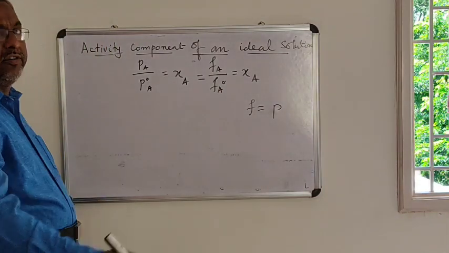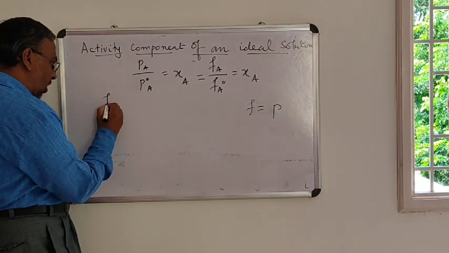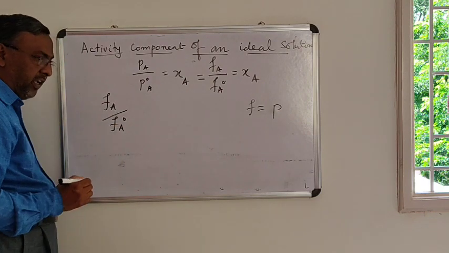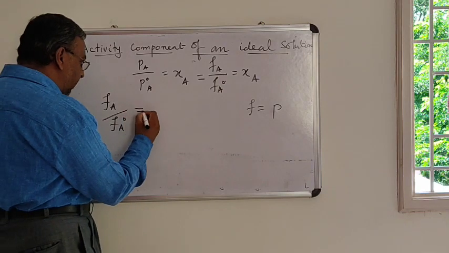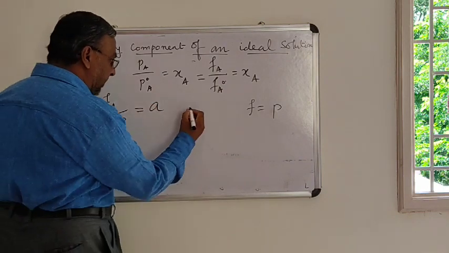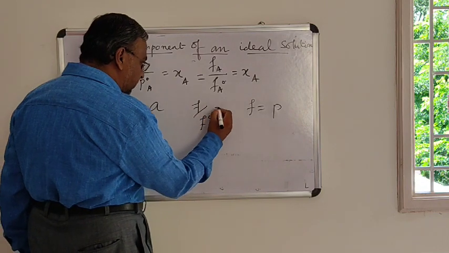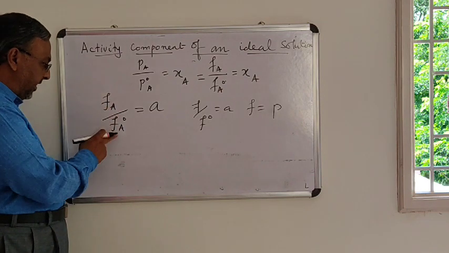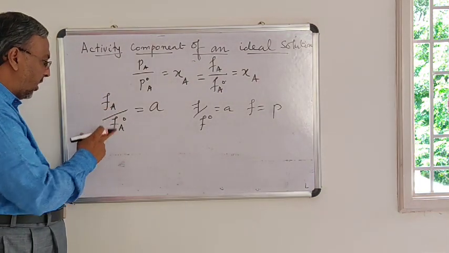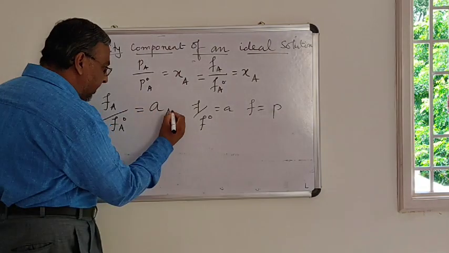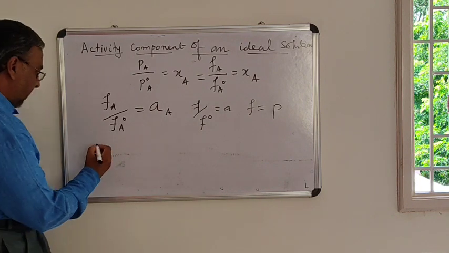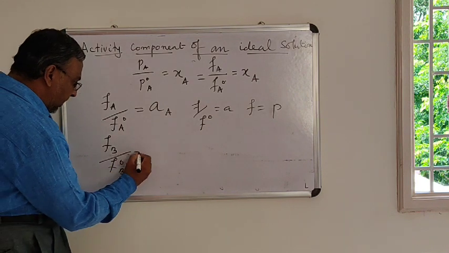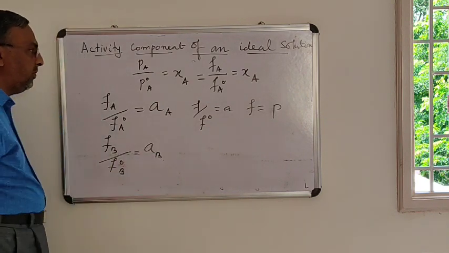But according to thermodynamics, the ratio of the fugacity of any constituent to its fugacity in its pure state is always equal to activity. That is, F by F naught is always equal to activity. Therefore, the fugacity of component A divided by the standard fugacity of component A is the activity of A. Similarly, the fugacity ratio of component B will be equal to the activity of B.